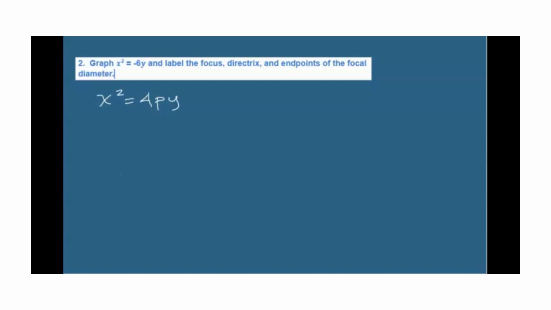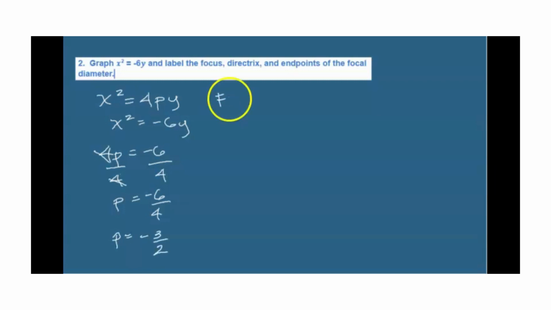So let's solve for our p. So x squared is equal to negative 6y, so 4p is equal to negative 6. Solving for p, divide by 4 on both sides. So p is equal to negative 6/4. Simplifying, it's negative 3/2.